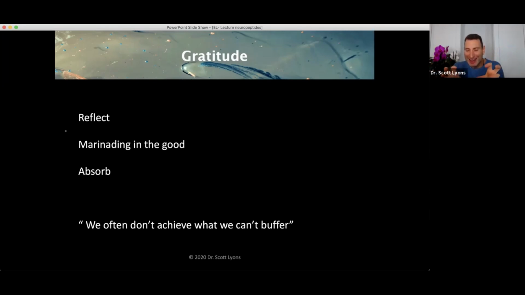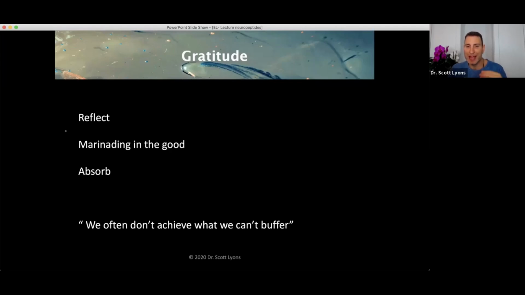I'm in that pausing, the absorbing, smelling the flowers, taking it in. We're getting that neurotransmitter support, that building of capacity to allow us to keep efforting with support. And that's what we call stress buffering.